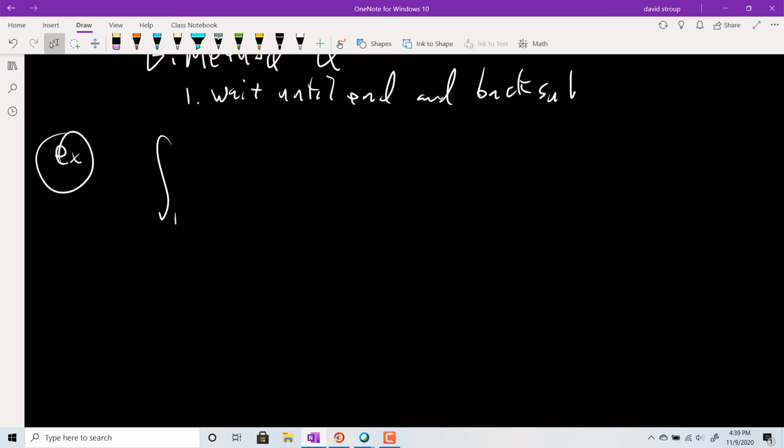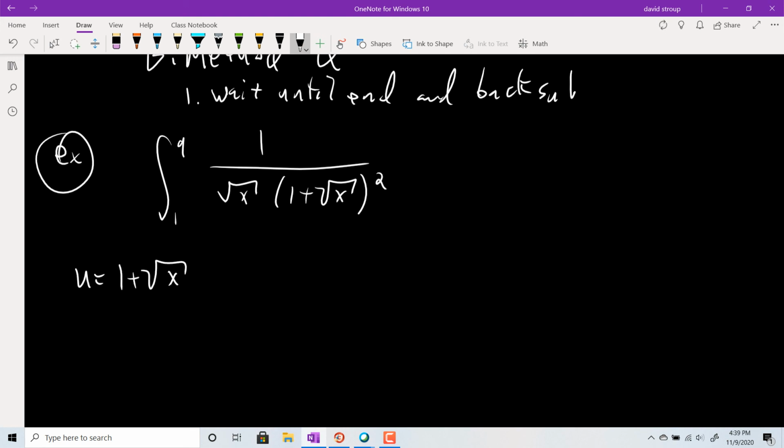We have the integral from 1 to 9 of 1 all over the square root of x times 1 plus the square root of x, squared. Okay, so we'll let u be 1 plus the square root of x, and then du will be the derivative of 1, which is 0, plus the derivative of square root of x, which is 1 over 2 root x dx.